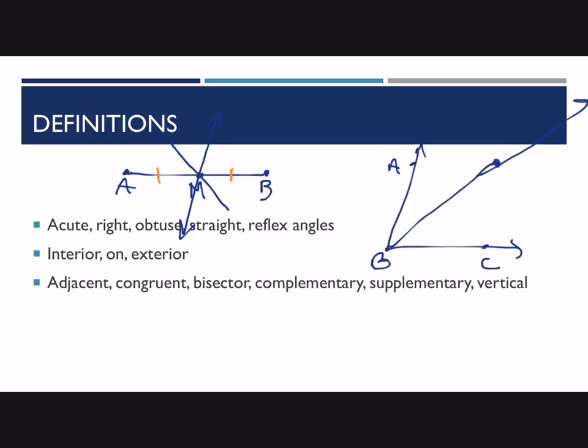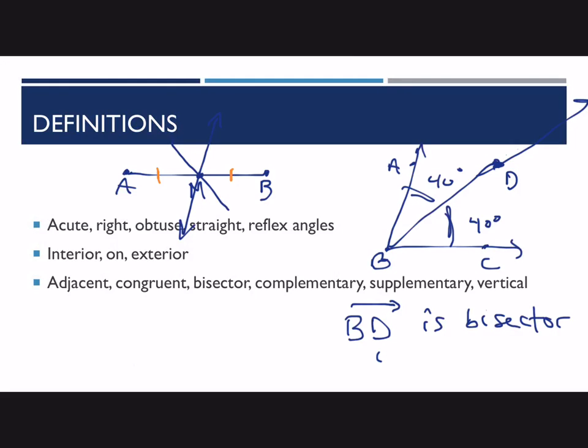It's dividing the interior into two spaces that are the same size in terms of degrees. So this could be 40 and 40, for example. And then you name a bisector. We would need at least one other point, so if I put point D on here, in this case I've just drawn a ray, so ray BD is the bisector, or the angle bisector, of angle ABC.